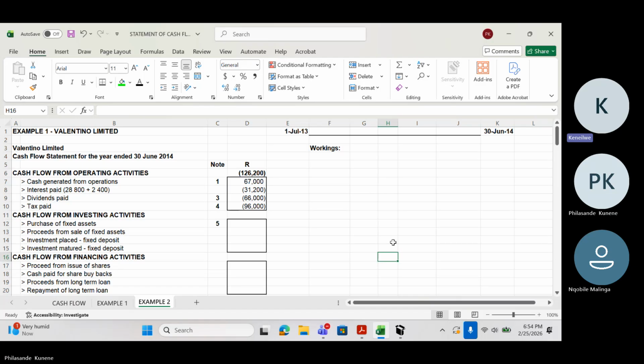We're looking at matured fixed deposit or fixed deposit. I mean the section of the balance sheet, which section are we looking at when we're going to calculate cash flow from investing activities? Where are you going to see these things on the balance sheet?